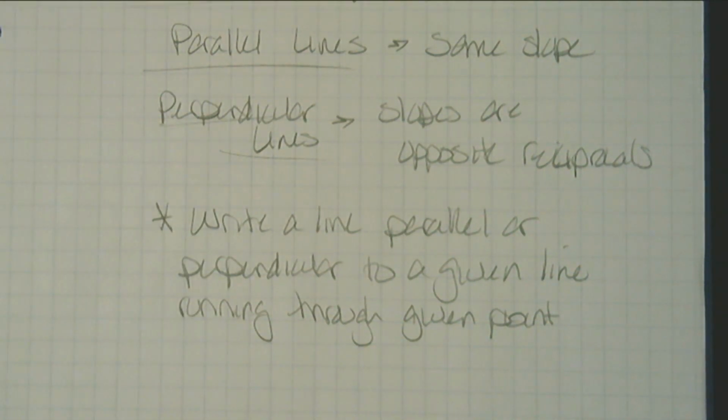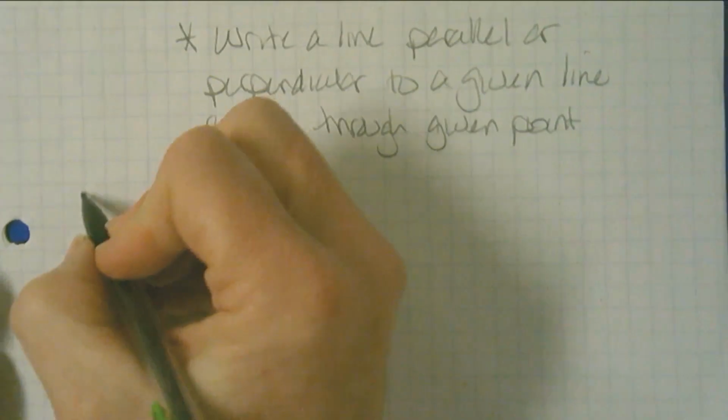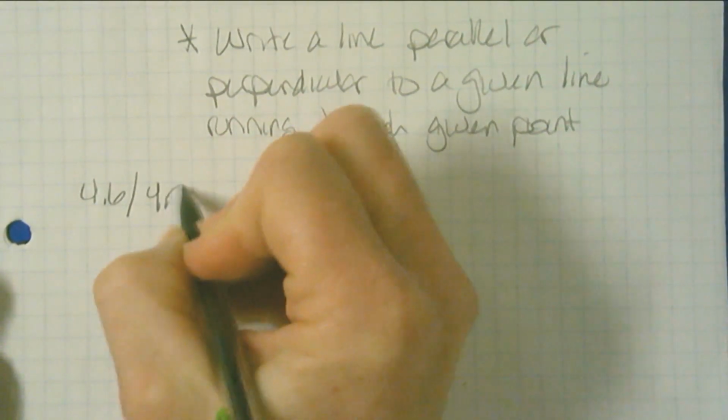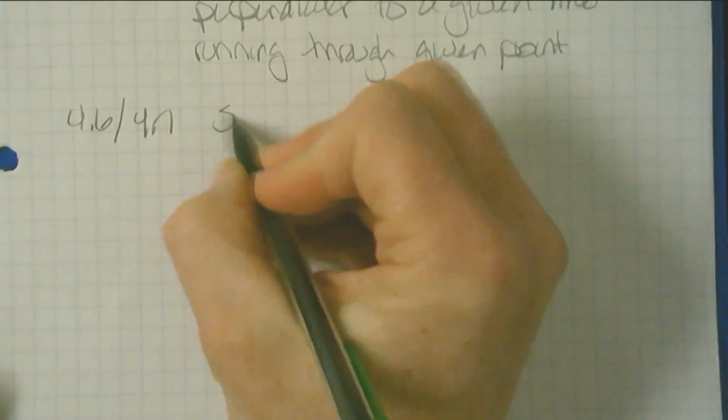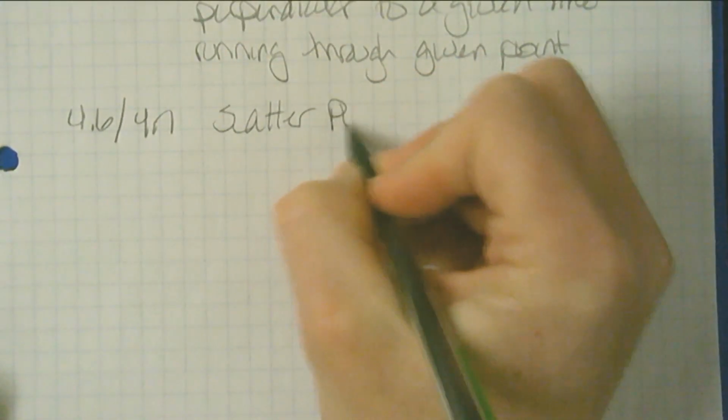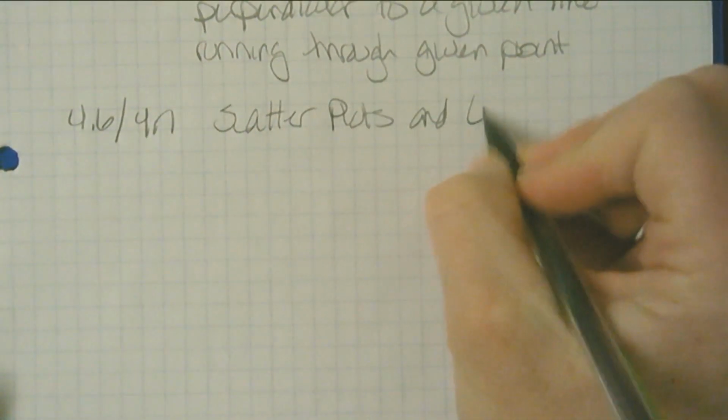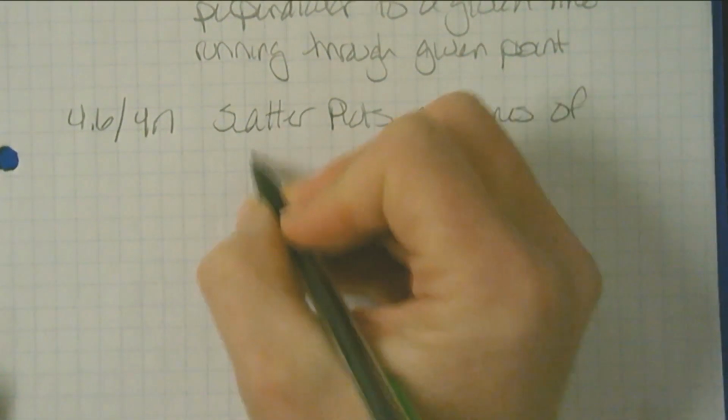The last sections, I'm going to lump these two together, 4.6 and 4.7. These are scatter plots and lines of best fit.